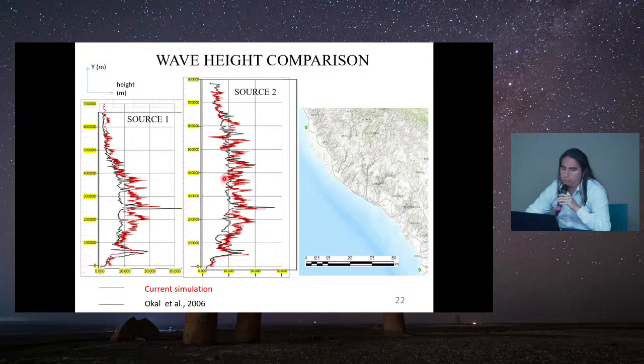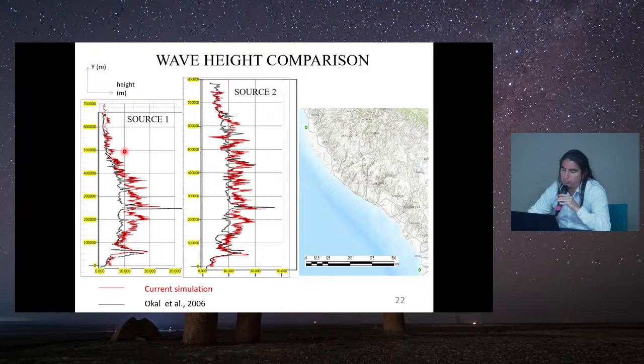And here I can show you the comparison with the results that Okal obtained in his simulation in 2006. He considered a resolution of 90 meters. I did it at 30 meters, using mainly SRTM topography. As we can see, they are quite consistent, although here I think I got somewhat larger results.